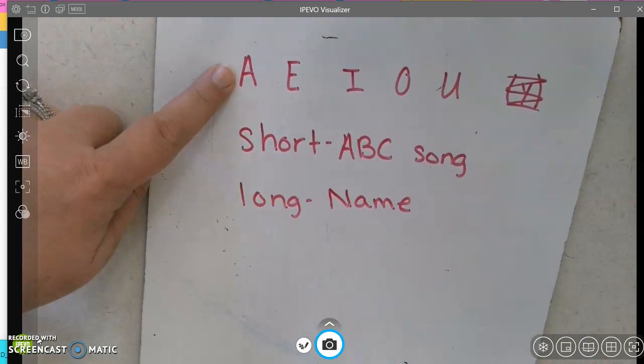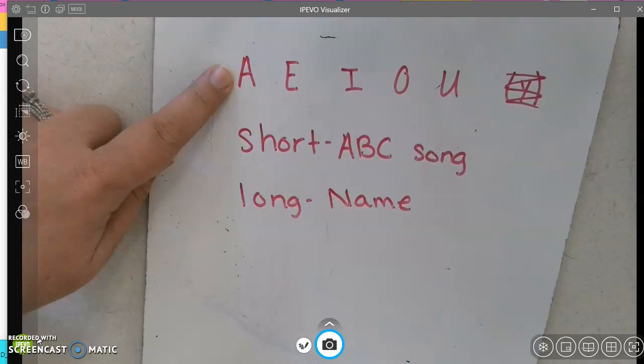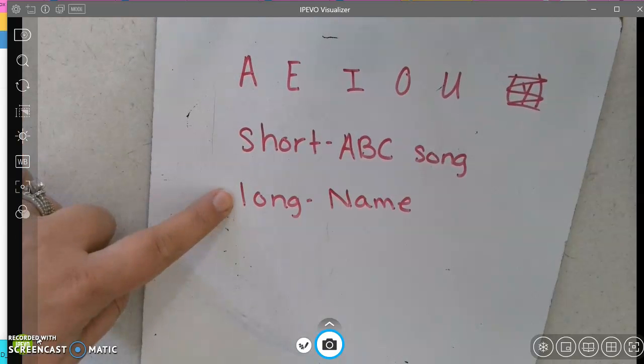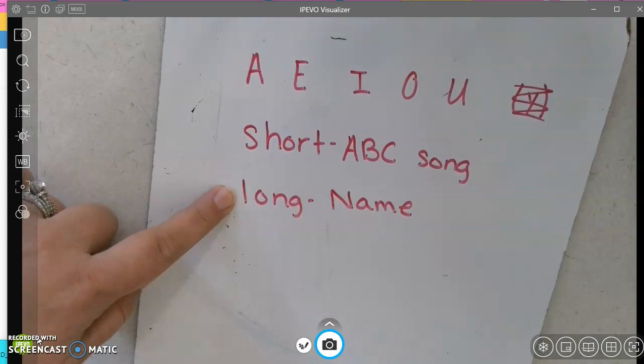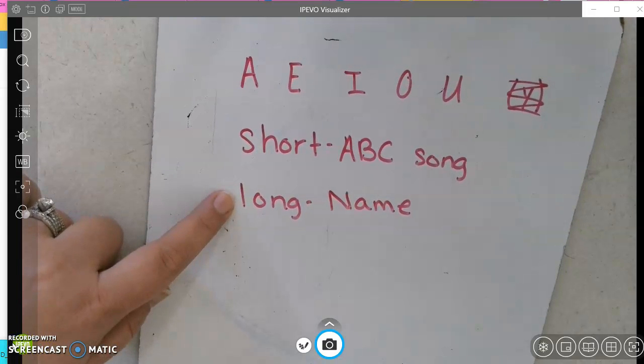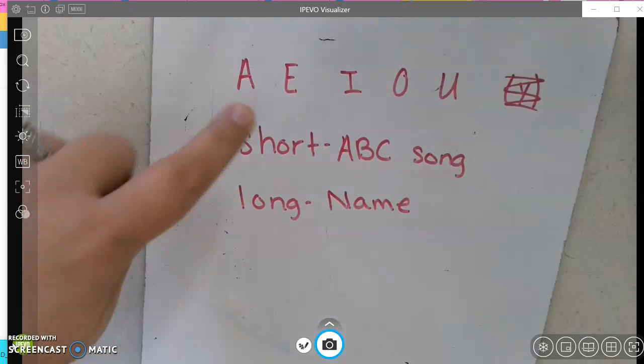So short A says A for apple. Long A says A as in, all words with a long A just flew out of my head. Long A says A like ape.